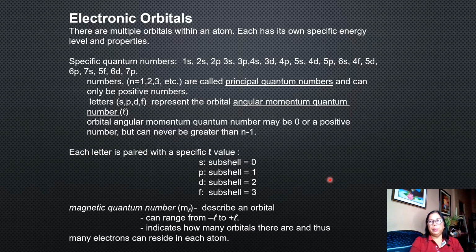So you have to review your electronic orbitals. But in organic chemistry, we will only focus on carbon, hydrogen, sometimes sulfur, sometimes nitrogen, and of course the halides, your F, Cl, Br, I. These are the common elements that you will encounter here.